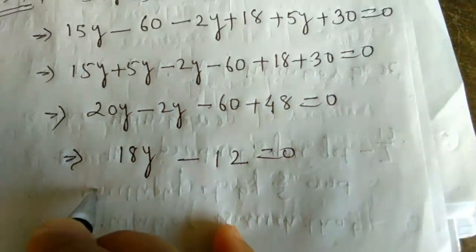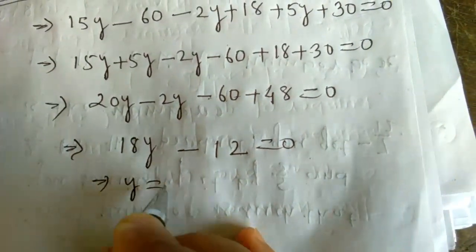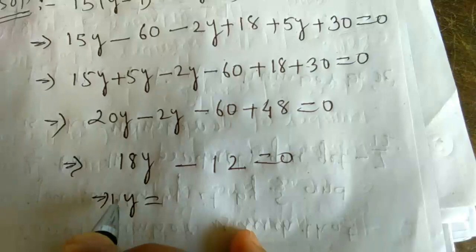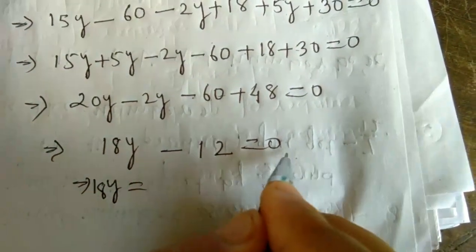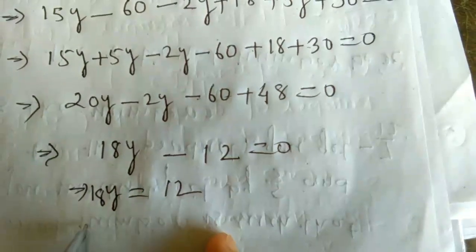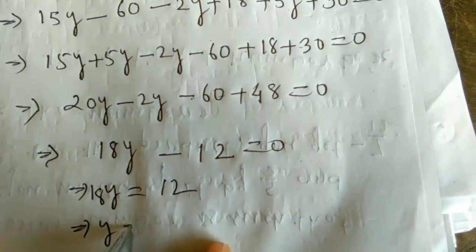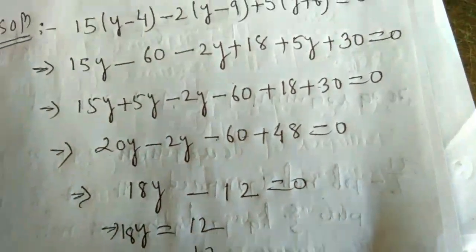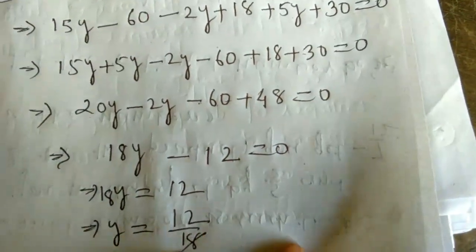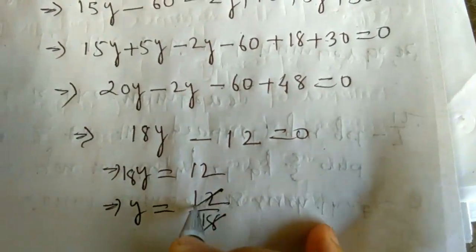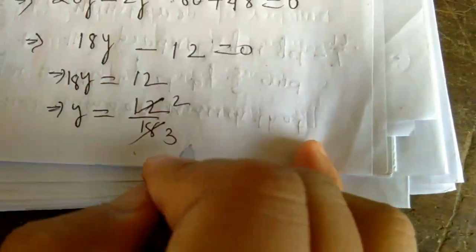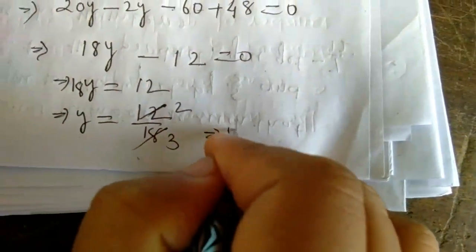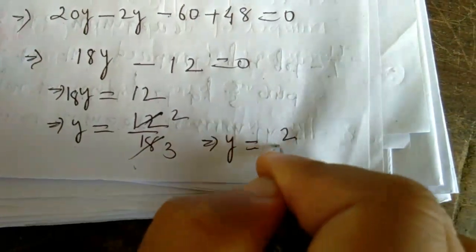Then next step, 18y equals, this is minus, we transfer to the right, becoming positive 12. Implies y equals 12 by 18. Cancel it by 6: 6 twos are 12, 6 threes are 18. So implies y equals 2 by 3.